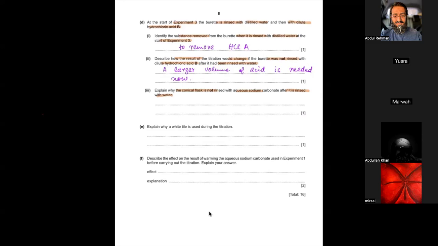It increases the volume of sodium carbonate that we are using. We are supposed to use 25 cm³, for example, and the pipette is going to give me the exact 25 cm³ of volume.